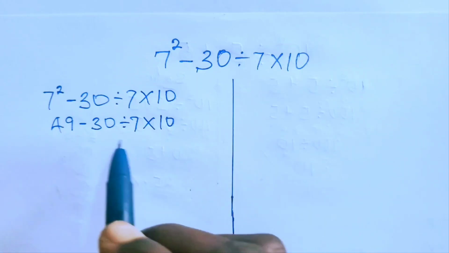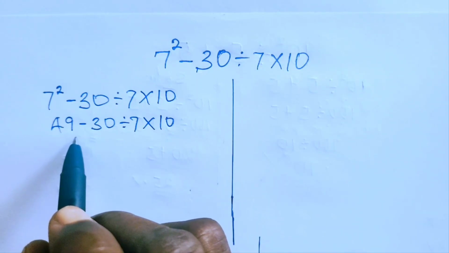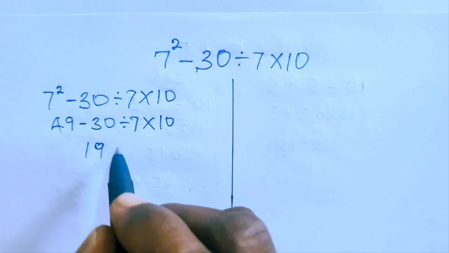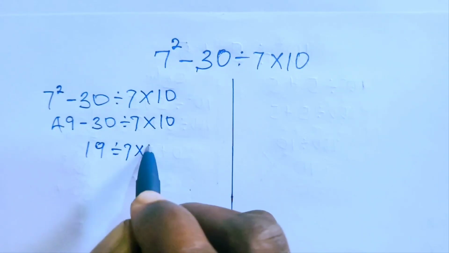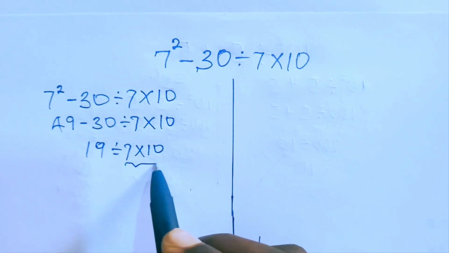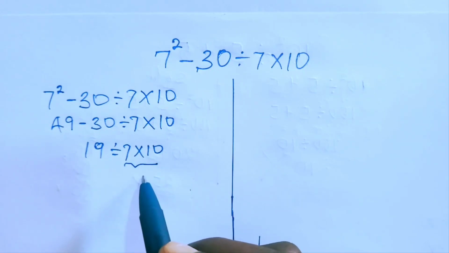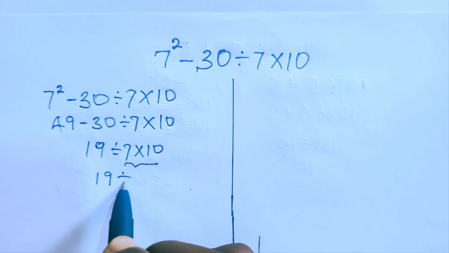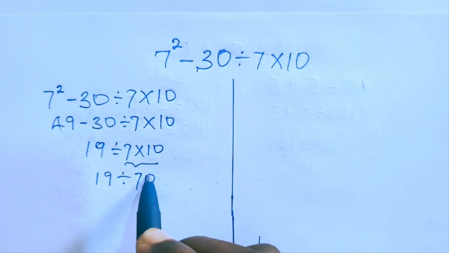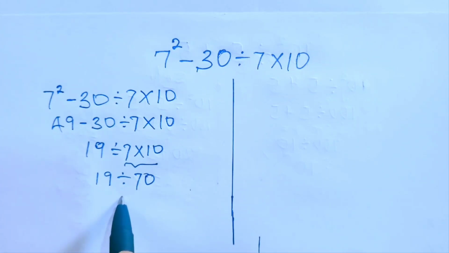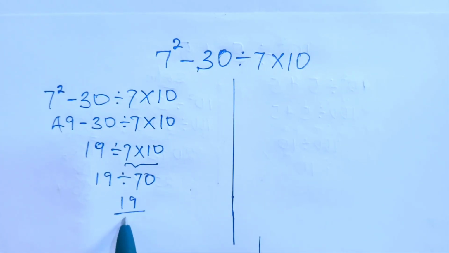Then 49 minus 30 gives 19 divided by 7 multiplied by 10. Then 7 times 10 gives 70, and we have 19 divided by 70. This can also be expressed as 19 over 70.